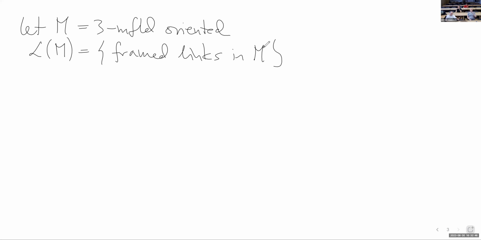Including, I want to include a link of 0 components, which is the empty set.